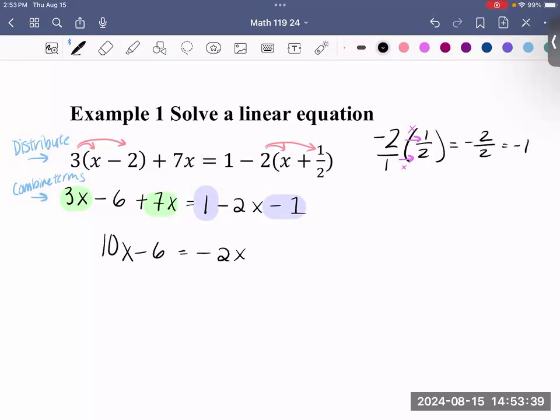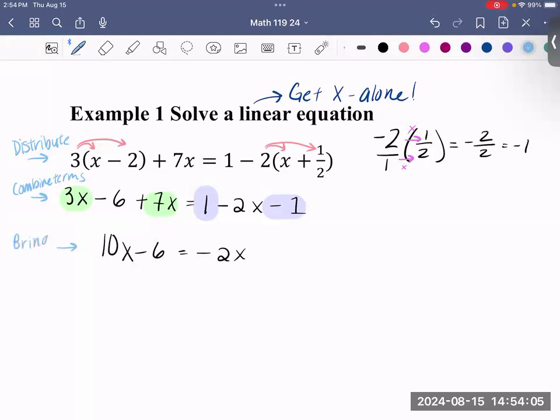Now, the goal when we're talking about solving linear equations is to get x, or your variable, alone, so to isolate it. You'll notice that we have 10x and a -2x. We want to bring these x's together in order to combine.